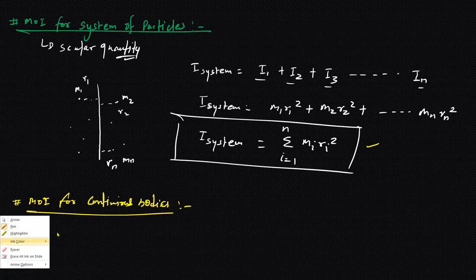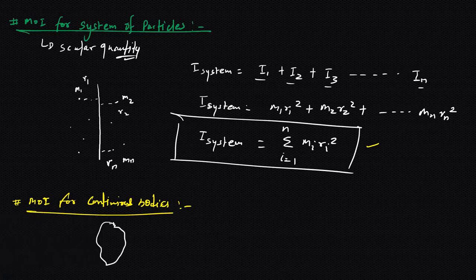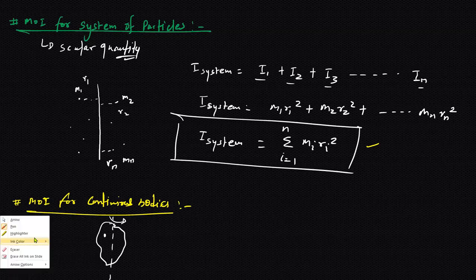Let's say, for example, this is our continuous, rigid body, and I want to find the moment of inertia about this axis of rotation. So I take an element, an infinitesimal element, so that I can consider it as a point mass.